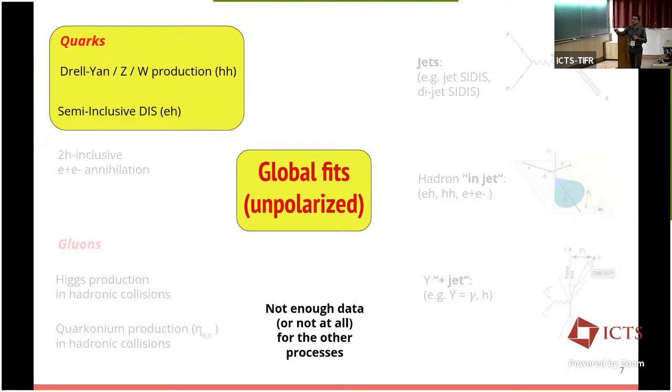They involve quark TMD PDFs and fragmentation functions, and the processes you study are Drell-Yan, neutral current or charged current, and semi-inclusive DIS. For example, this process would be very, very interesting to include in the global fits, but unfortunately, we don't have the data yet. I think the data has existed since I was a graduate student, but the collaborations did not publish them, so you cannot really use them for phenomenology.